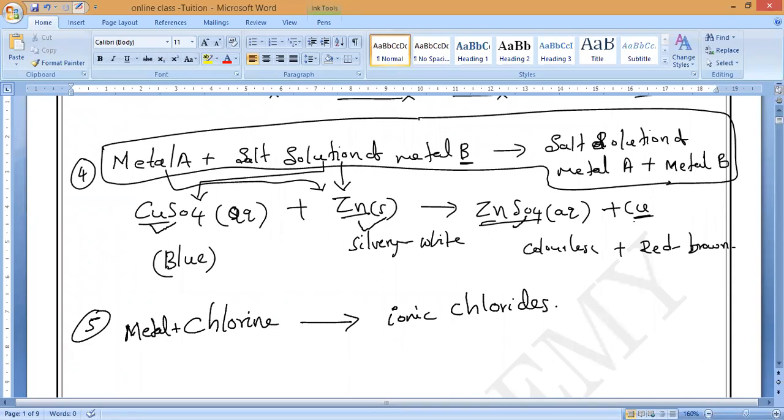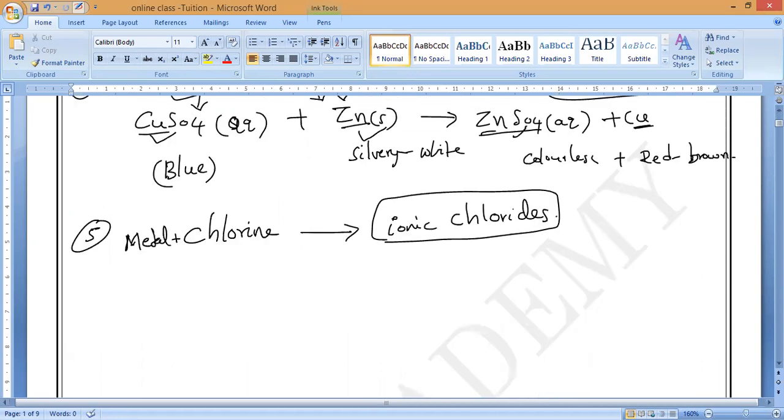But now, no displacement, no such reaction. The products form only because of exchanging electrons. That is why we call them ionic chlorides. Do you understand? So, by losing or gaining electrons, they form the products.